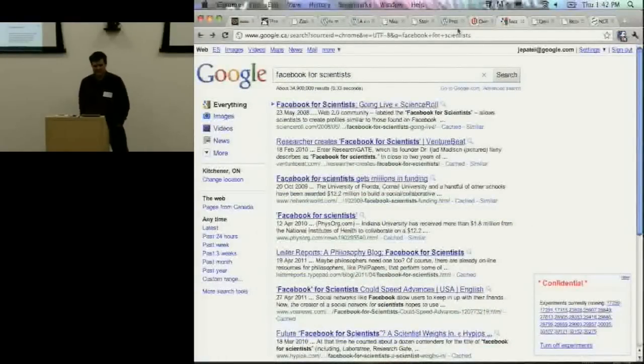Dozens of sites have been started, where scientists can create profiles for themselves and hopefully connect with other people with complementary interests in order to share ideas, share data, share code, and so on. Although many such sites have been started, they're typically ghost towns if you go and take a look at them.